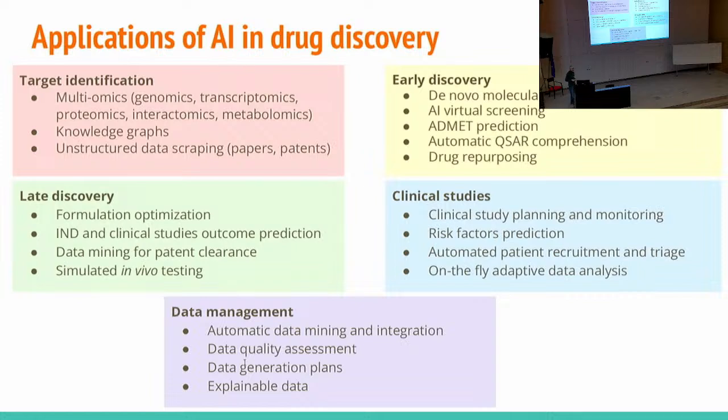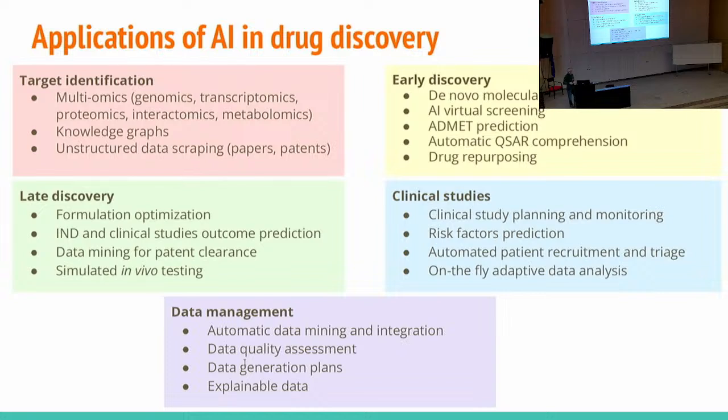Then you can construct knowledge graphs, databases where you have data from many different domains and relations between them. Doing this by hand is almost impossible, so with AI you can fill this graph and after that use it in your research. And of course you can do unstructured data scraping. You can use LLMs for reading papers, patents, clinical studies, reports to extract the information you need.